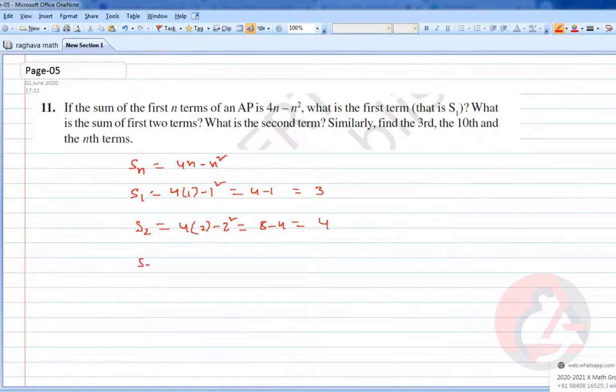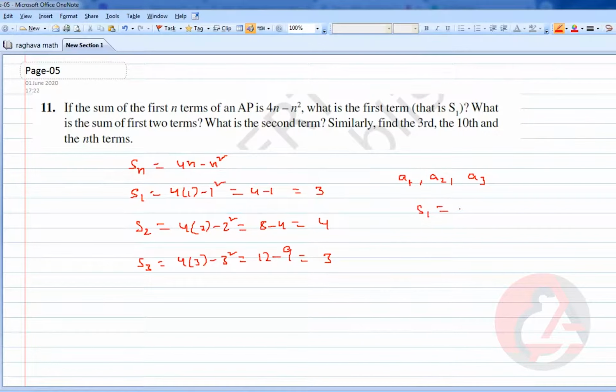Suppose if I am taking S3, 4 into 3 minus 3 square, 12 minus 9. 12 minus 9 is how much? 3. So from here, A1 is the first term, A2 is the second term, A3. Suppose how to find out the first term?